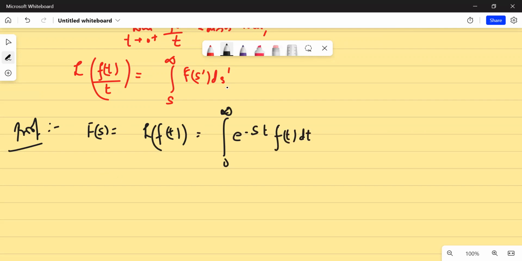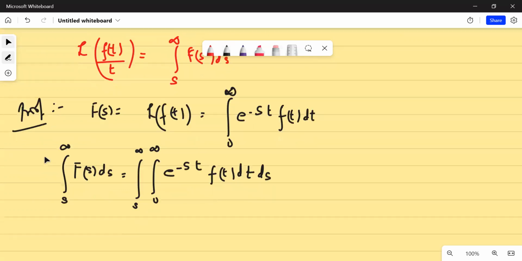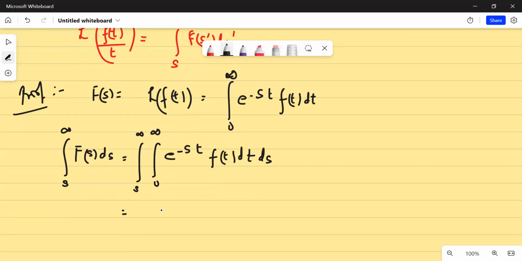Okay. What am I supposed to do? I'll take an integral on both sides with respect to s, and this would be integration from s to infinity of the integral from 0 to infinity, e to the power minus st f(t) dt ds. So what I'll do, I'll try to integrate first with respect to s.